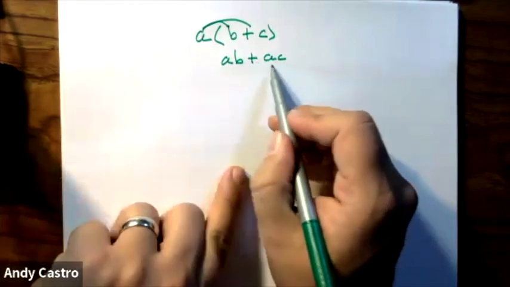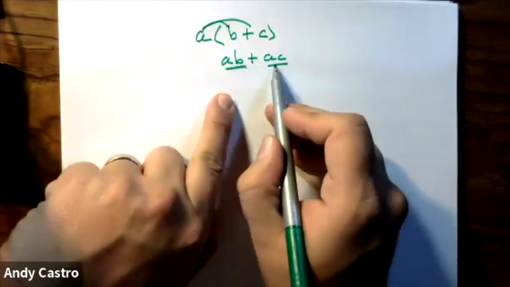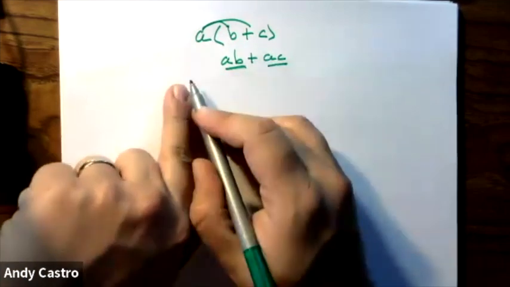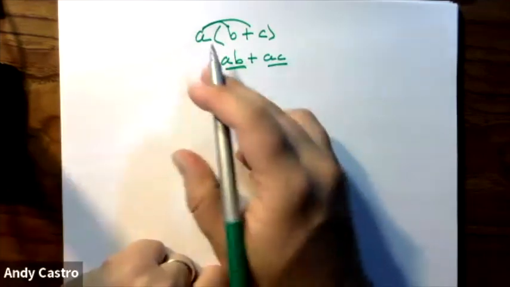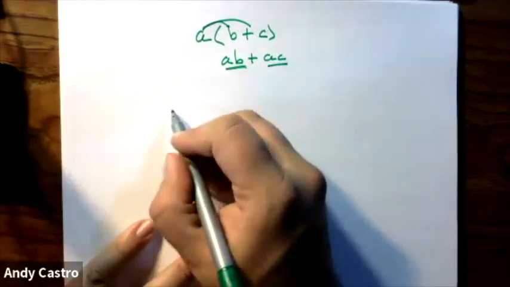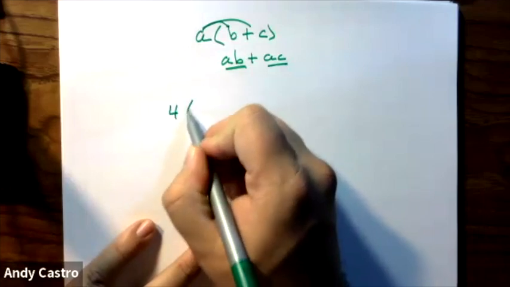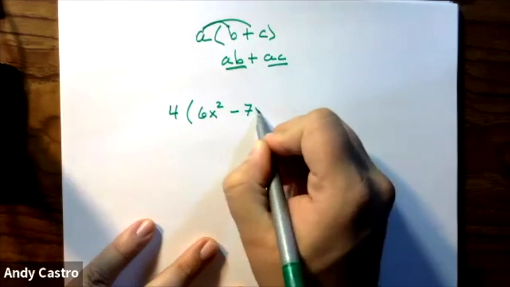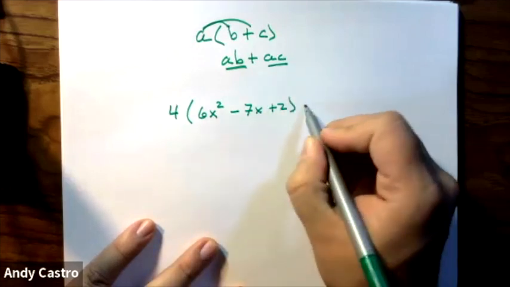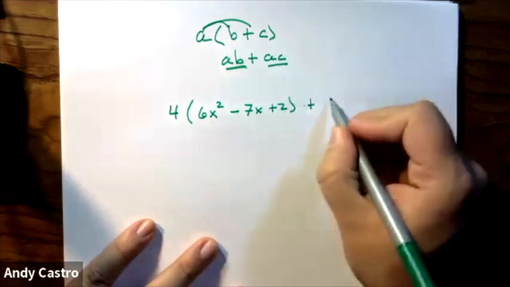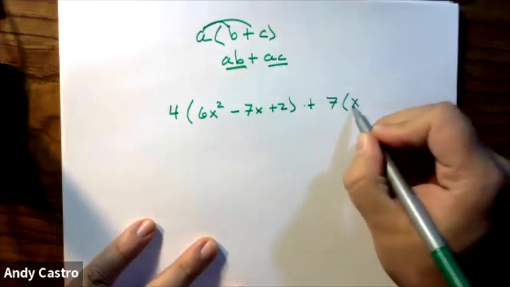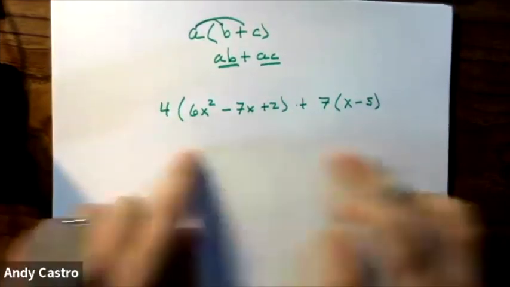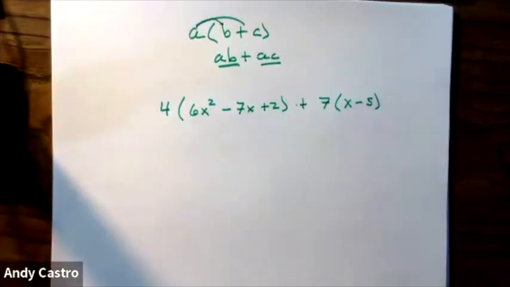What we just did in the last several examples is we found the common factor and factored that out, which is kind of reverse distribution. So now I'm going to give us some distribution to do. We're going to have 4 times the quantity 6x squared minus 7x plus 2, end quantity, plus 7 times the quantity x minus 5. We're going to do distribution, and then combine like terms.